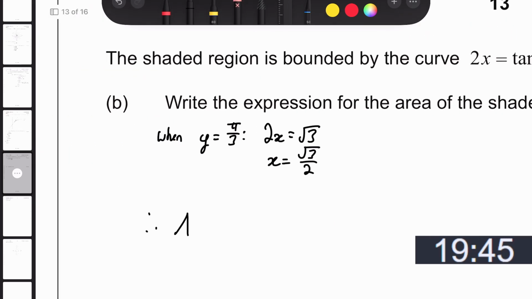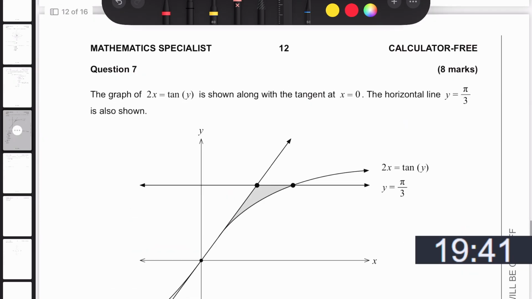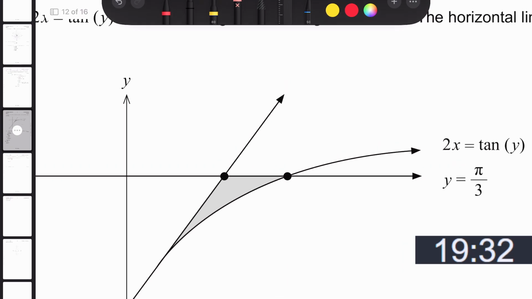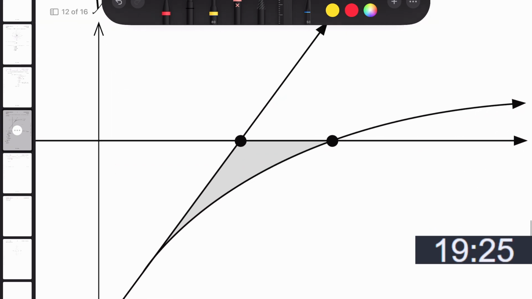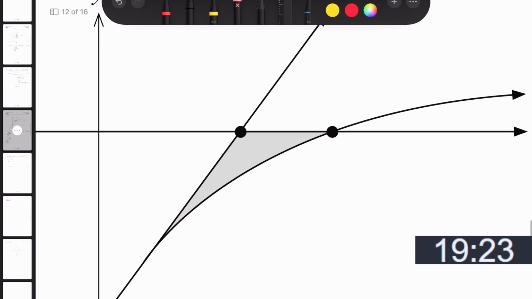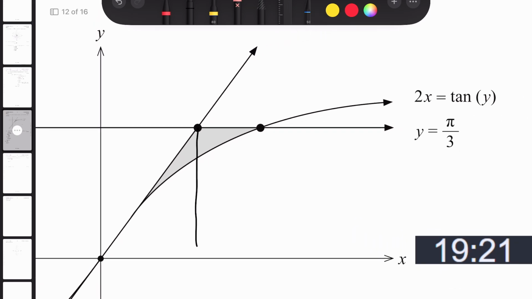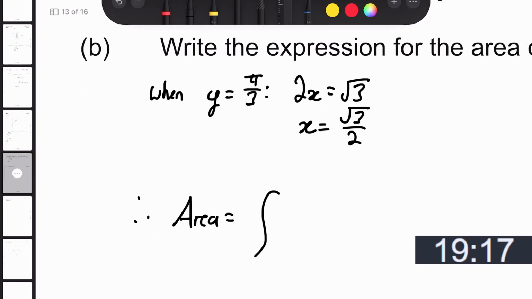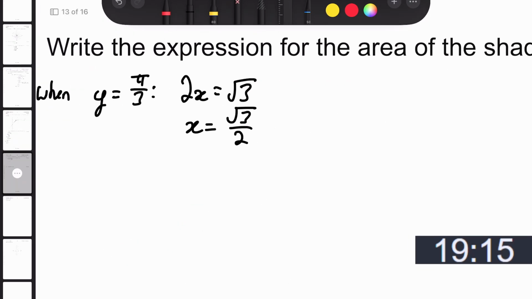For area, it's going to equal... So I have from here to here is a tangent minus that. From there, there's pi on 3 minus that. Okay. 2x is equal to that.